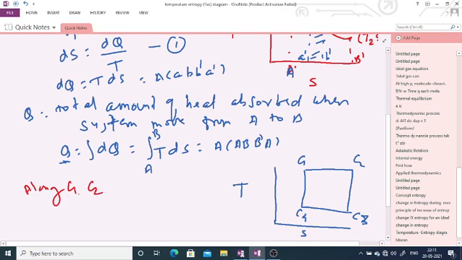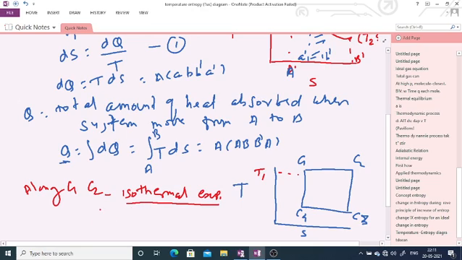Your system is initially at state C1, at temperature T1. Along C1 to C2, this is the isothermal expansion. You should remember, the first process in a Carnot cycle is an isothermal expansion.